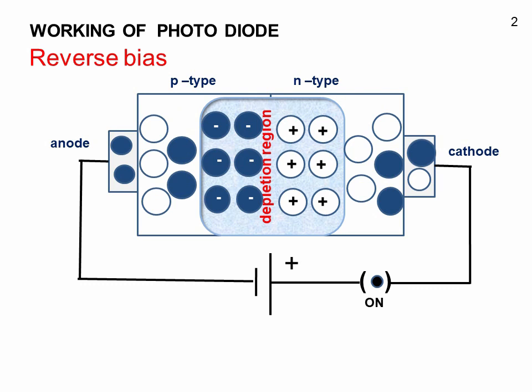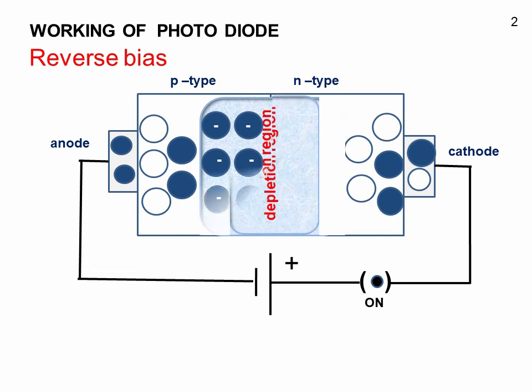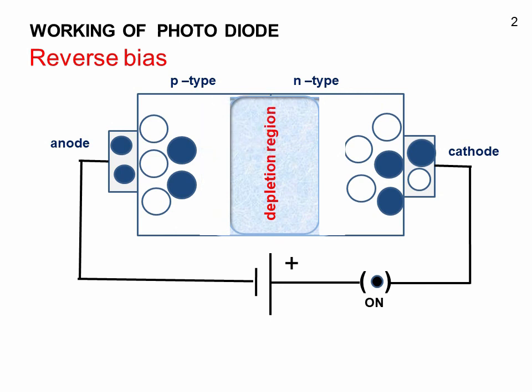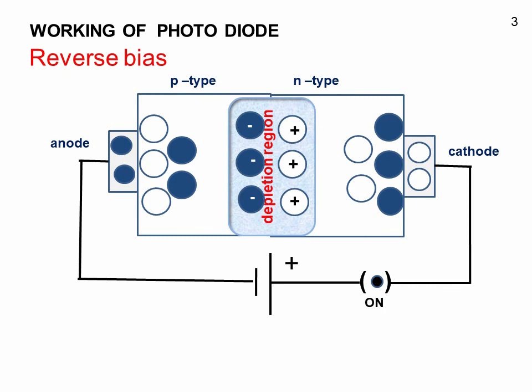In this way, electrons and holes are produced as minority charge carriers. Due to this, the depletion region decreases, so that the potential barrier also decreases. Now the applied reverse voltage is greater than the depletion region voltage, that is the barrier potential voltage. So, the current can easily go through it.